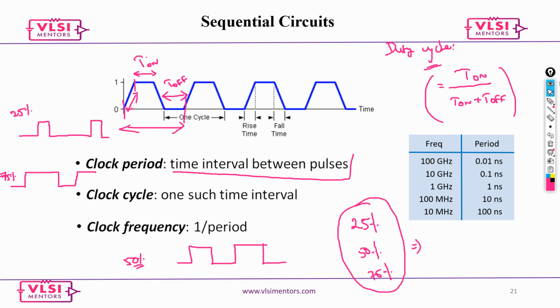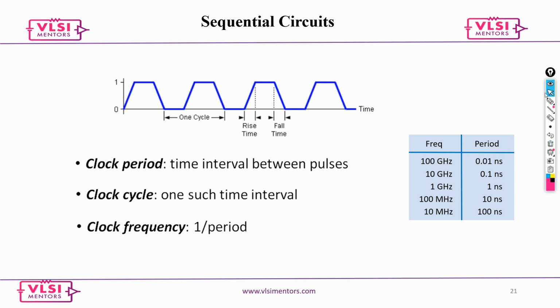Now let's talk about the frequency. Let's say you have a clock period of 1 ns. How do you calculate your frequency? The formula is basically 1 by T. Now apply this.